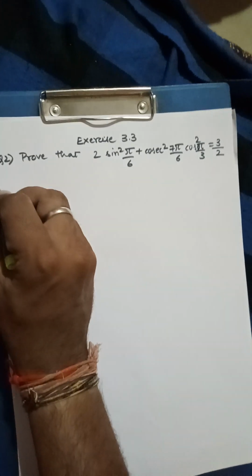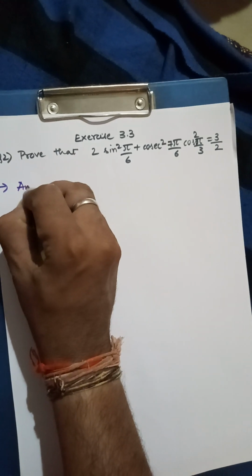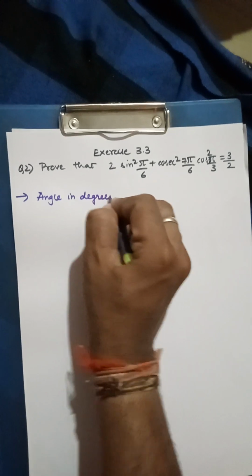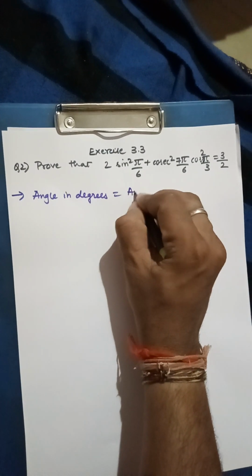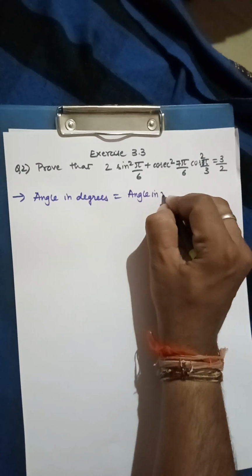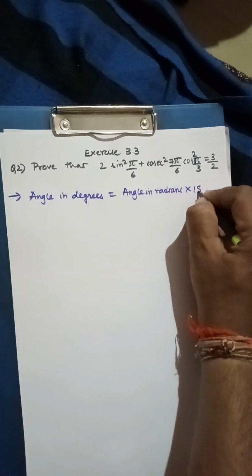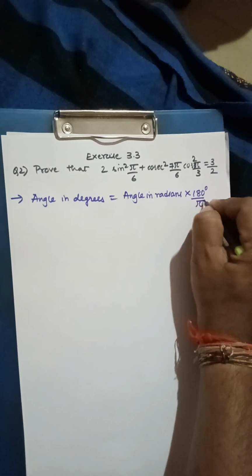How do we convert? So we know that angle in degrees is equal to angle in radians into 180 degrees by pi.